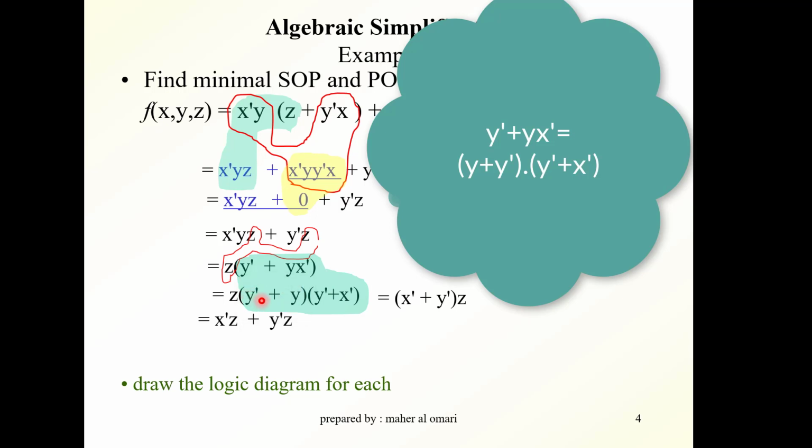So we are left with Z ANDed with X bar ORed with Y bar, which is this. If we take the Z inside, then we have X bar Z ORed with Y bar Z.